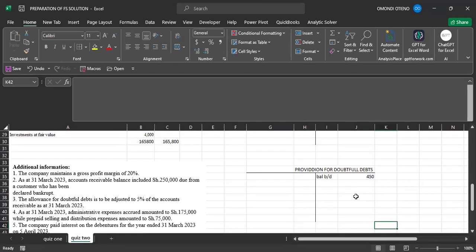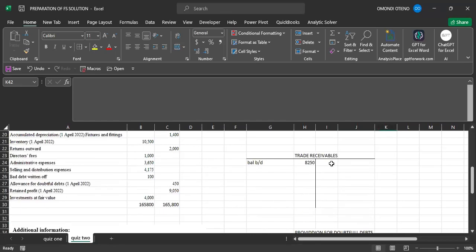Good. Now, under additional information, we are told that trade receivables included 250 due from a customer who was declared bankrupt, right? Now, if someone has been declared bankrupt, we don't expect anything from them, and therefore we have to eliminate that from our books.